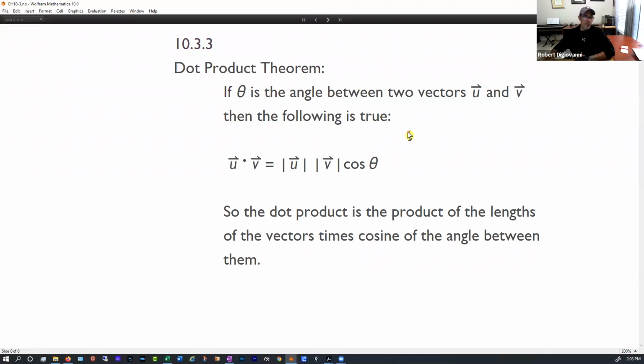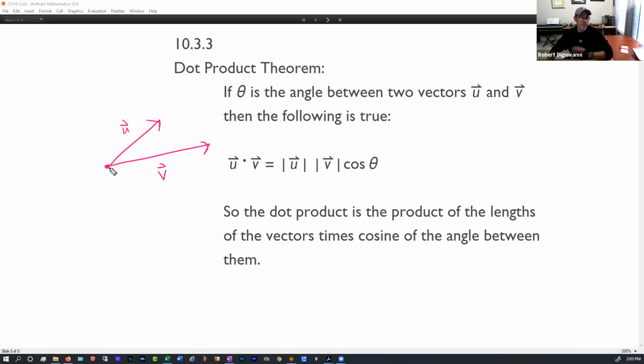All right, so dot product theorem, very important theorem here. This is our first theorem, I think, of the class. If theta is the angle between 2 vectors, u and v, so we have a vector u, and we have a vector v, and we put them tail to tail, okay?